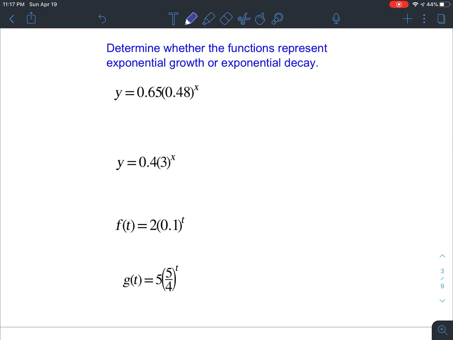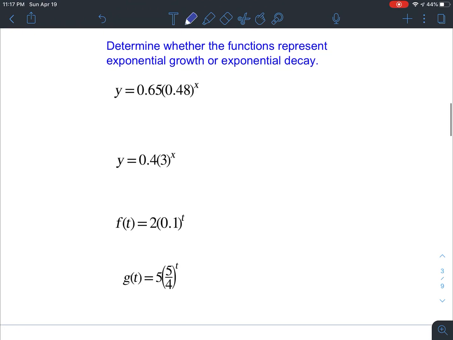So, looking at the equations without our calculators, can we determine whether the function represents exponential growth or exponential decay? Okay, so what are we going to do? Well, we want to identify our growth or decay factor. Okay, that is the value that gets the exponent. So in this first equation, 0.65 is my initial value.